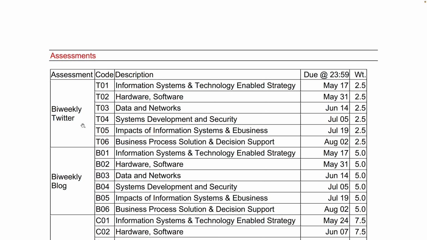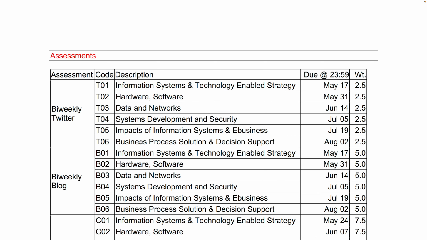So the bi-weekly blog and the bi-weekly Twitter will have the same schedule for submission. The blog is more elaborate compared to the Twitter assignment, so Twitter is half the weight of the blog. So a total of 7.5% weightage is at stake every week.